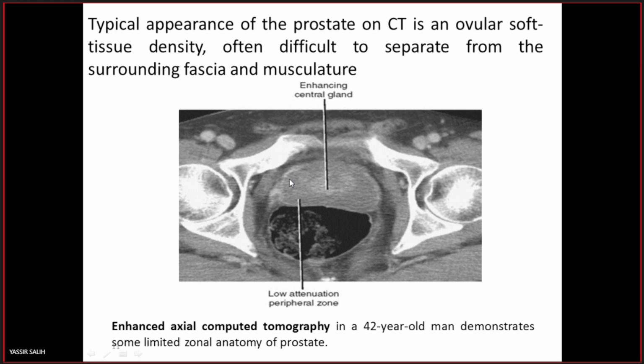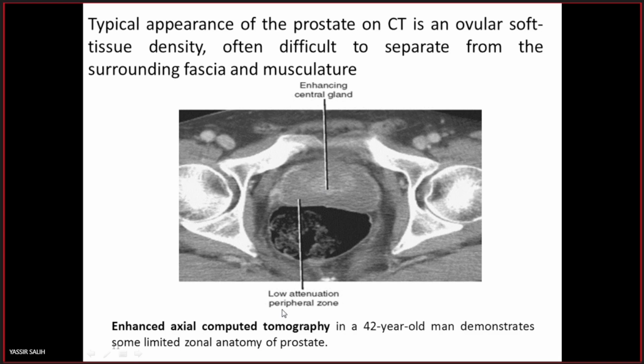But CT يعني هي not good for differentiation of the prostate from the surrounding structure, surrounding fat and muscle, and in addition to differentiation between the different layers, central and peripheral zone.